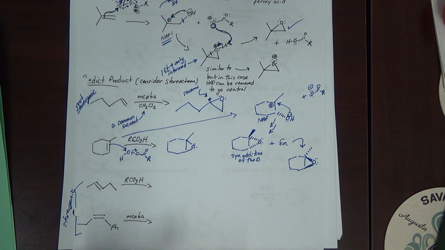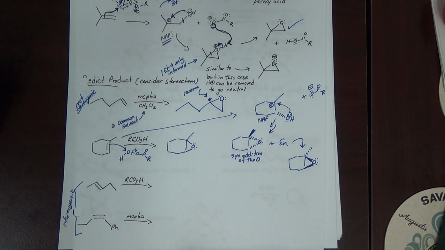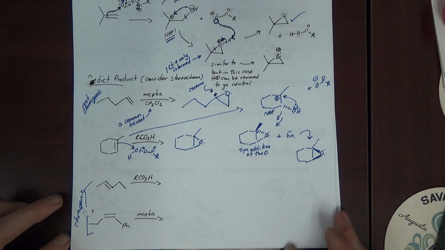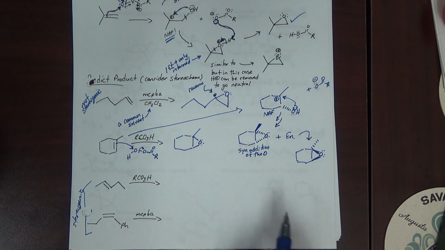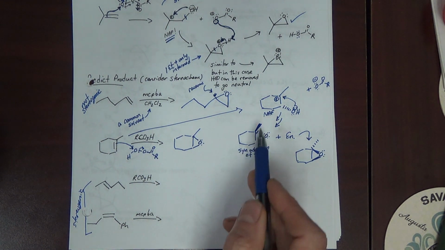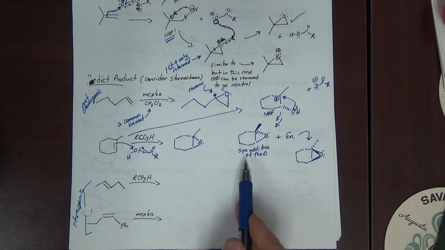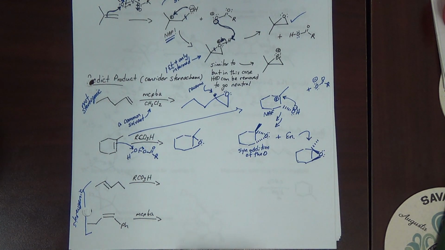Syn and cis are almost synonyms. Cis is more of the stereochemistry of the final product. Syn is more of the mechanism. And your mechanism is always syn, but your product is not necessarily always going to be cis.